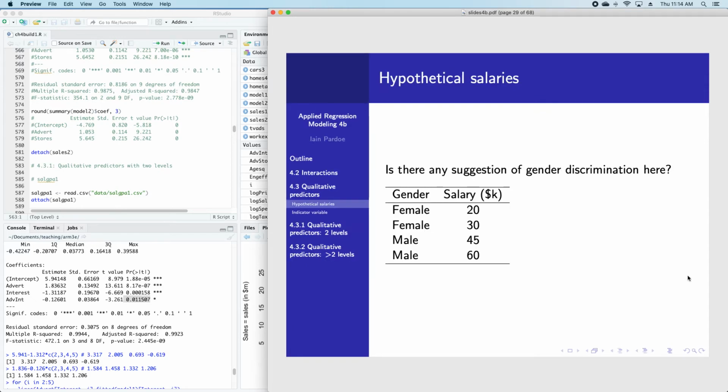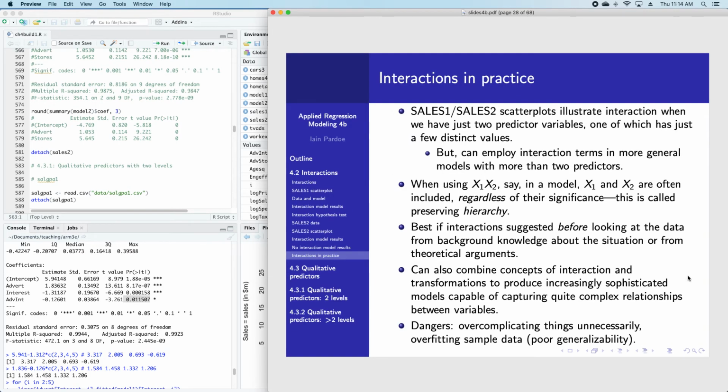So that's a discussion of interactions, and in the next video I'm going to talk about incorporating qualitative predictors into a model. Everything we've talked about up to this point in the course has involved quantitative predictors, where the variables have values, and those values have meaning. They're measurements of things, and the numbers are meaningful.